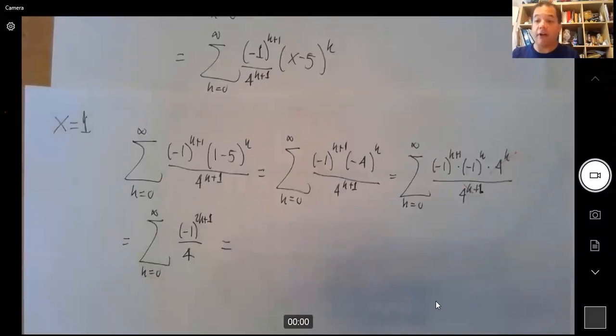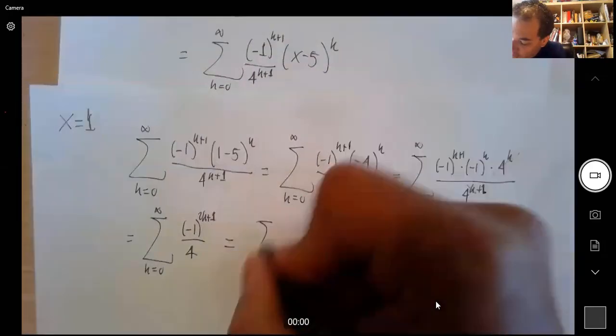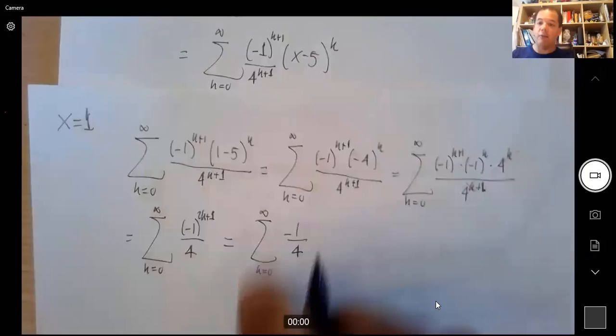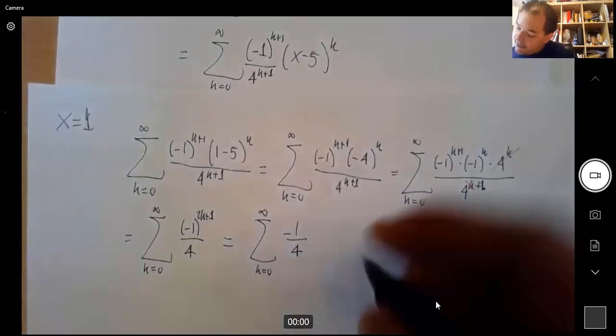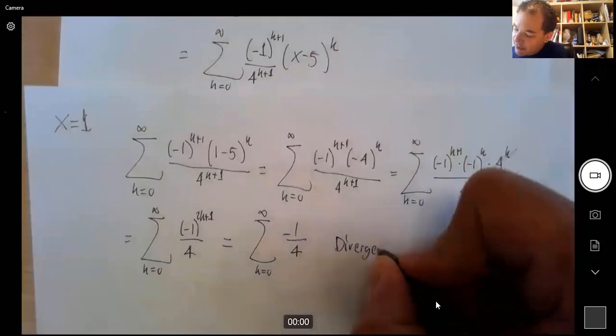Negative 1 to the third, that's negative 1. They're all negative ones. So this is actually just negative 1 over 4, which is obviously divergent, right? It's like negative 1/4, negative 1/4, negative 1/4, etc. So divergent by the divergence test.